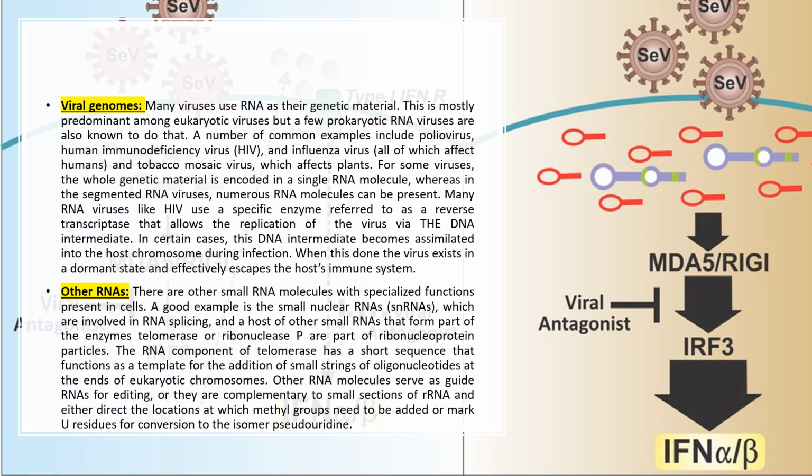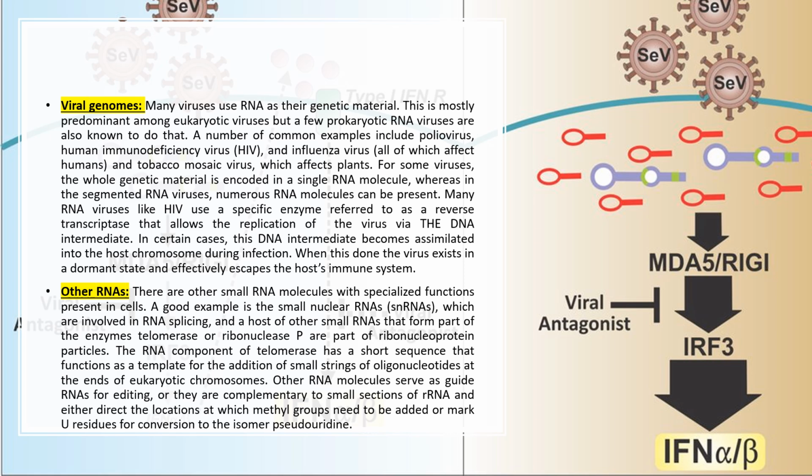The RNA component of telomerase has a short sequence that functions as a template for the addition of small strings of oligonucleotides at the end of eukaryotic chromosomes.